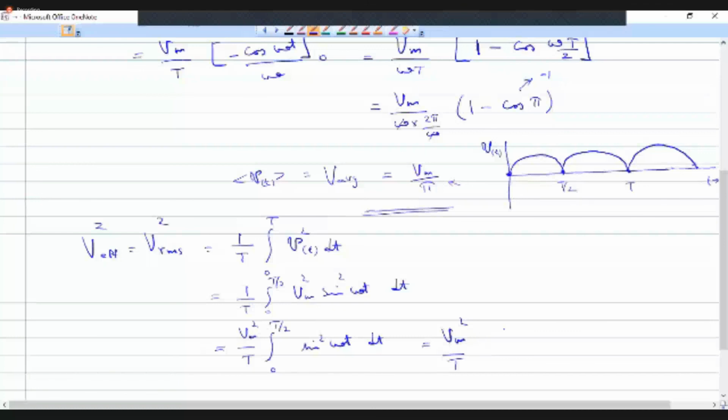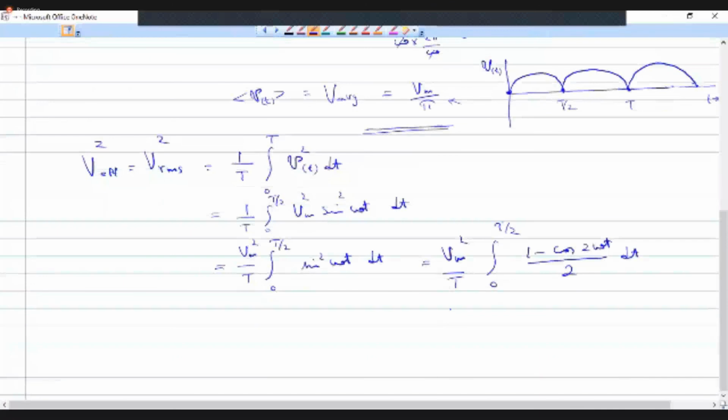We have used this expression already. So you have to only integrate 1 minus cos twice omega t divided by 2 dt. When you integrate this, you will have t, and cosine integrates to minus sine 2 omega t divided by twice of omega.